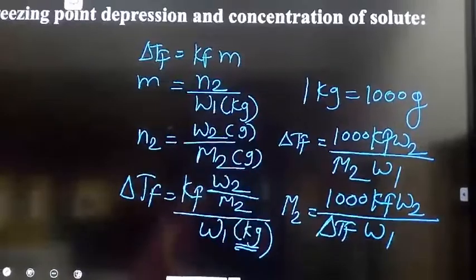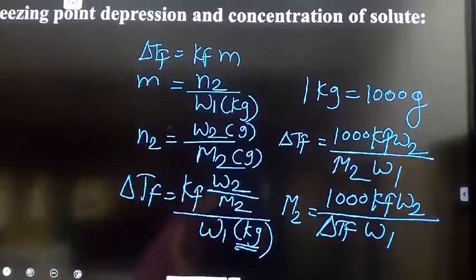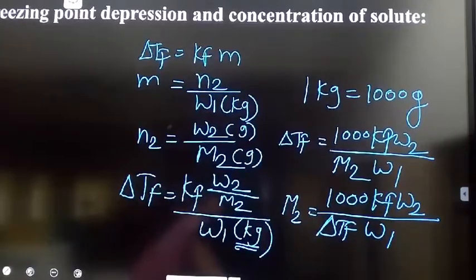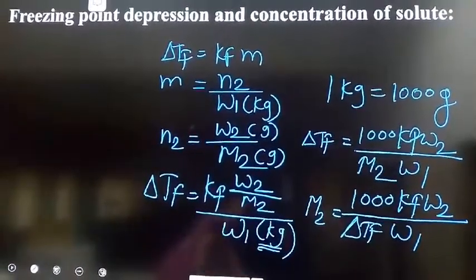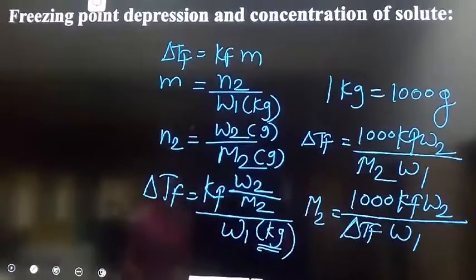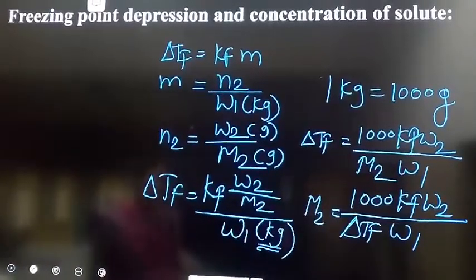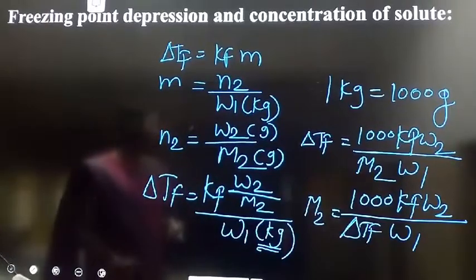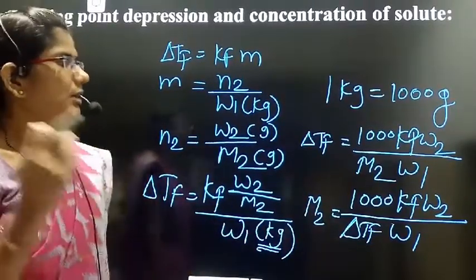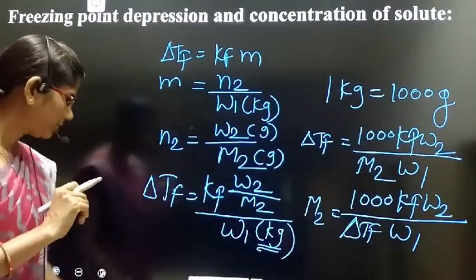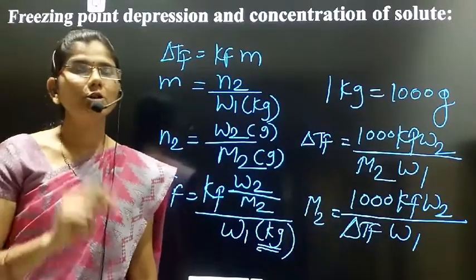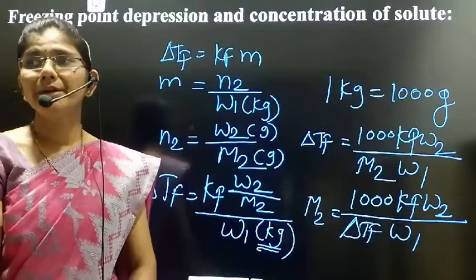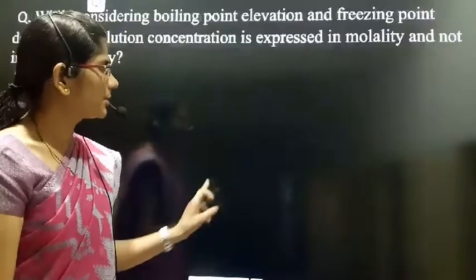Here we have calculated the molar mass of the solute. So here we have completed our third colligative property, the depression in freezing point.